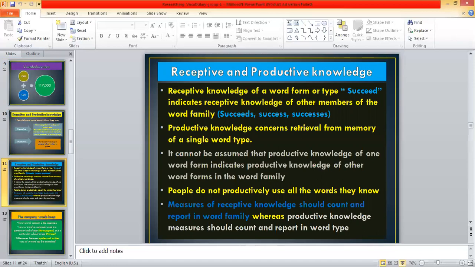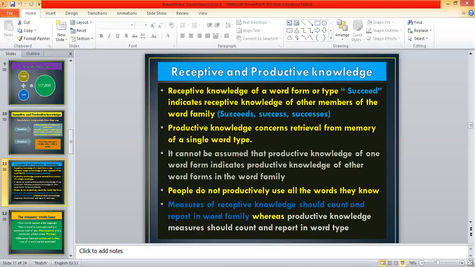So it cannot be assumed that productive knowledge of one word form indicates productive knowledge of other word forms in the word family. That means you might know how to use succeed as productive knowledge, but you might not know how to use success or successes. That's the difference between receptive and productive knowledge, because people do not productively use all the words they know.